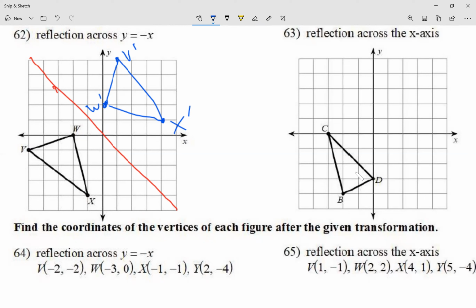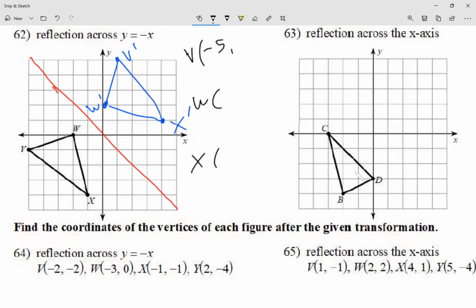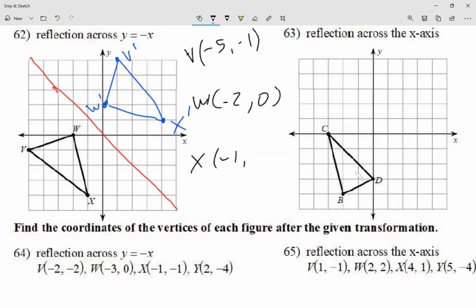Another way we could have done this, let me get the coordinates of the points that I have. So the original points, V, W, and X. The coordinates of V are -5, -1. The coordinates of W are -2, 0. And the coordinates of X are -1, -4. Like I said, I got the original points.